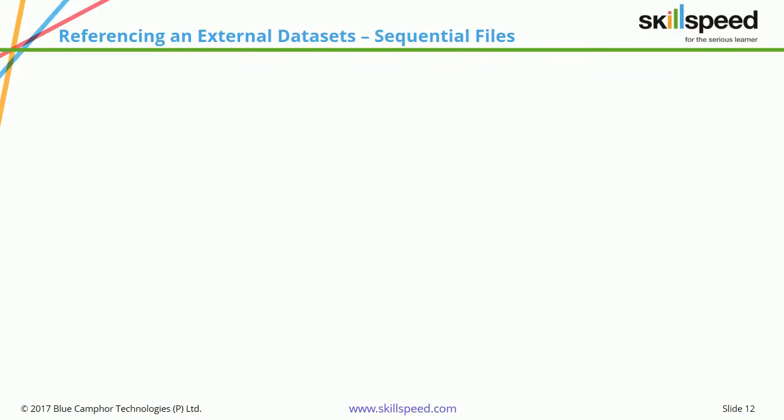Let's see how to reference an external dataset when you want to read a sequence file. A sequence file is a special file format which we use extensively in systems such as Hadoop. Sequence files usually have a format of key and value.